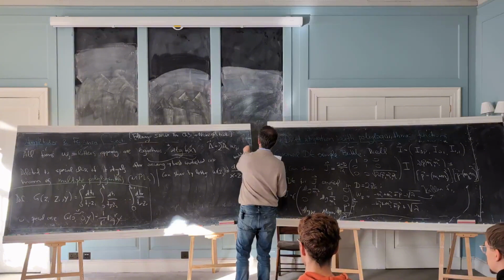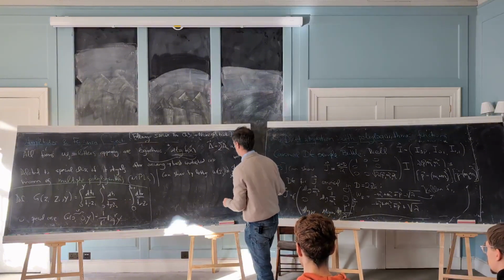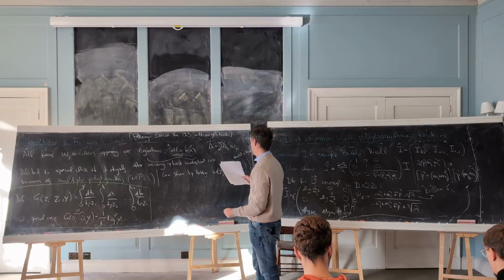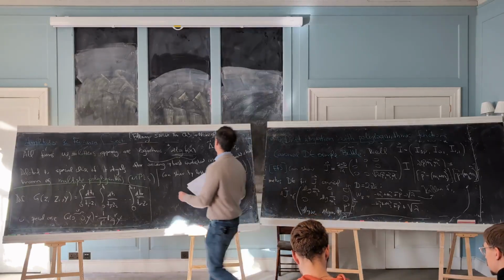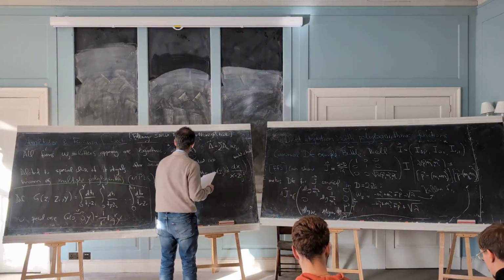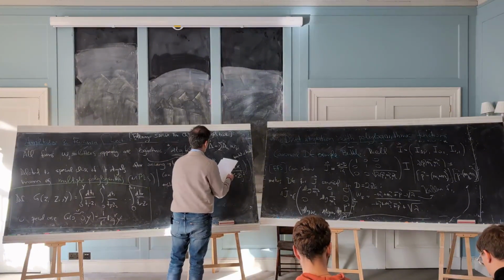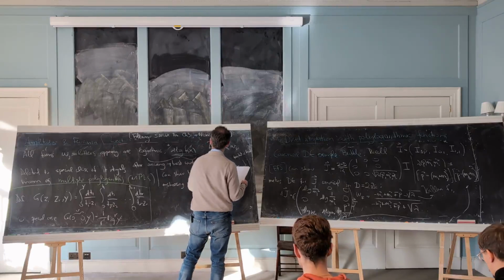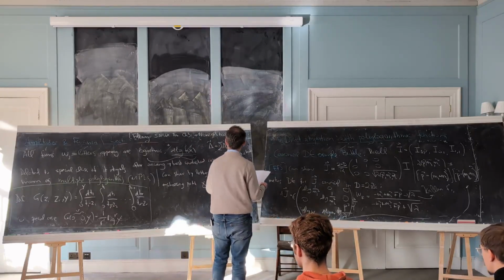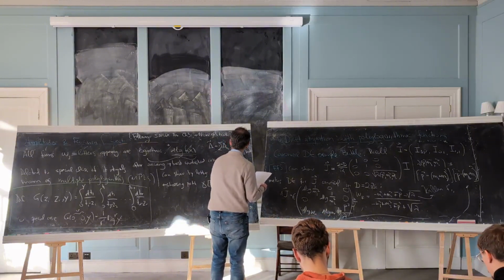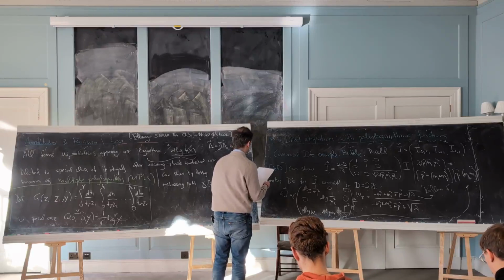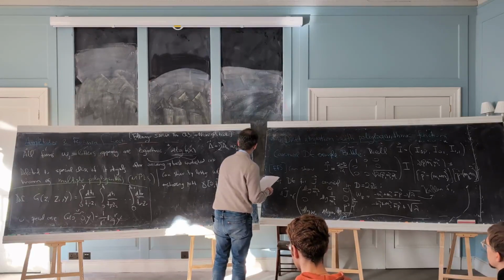You can think of it as a number, at least for the time being, 2 or 3, and then choosing a path gamma that goes from 0 to t with gamma of 0 equals 0 and gamma of t equals y.